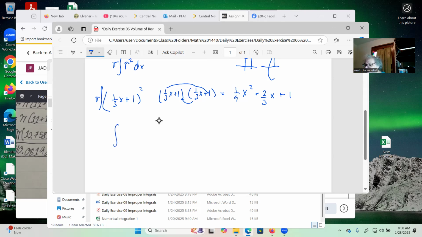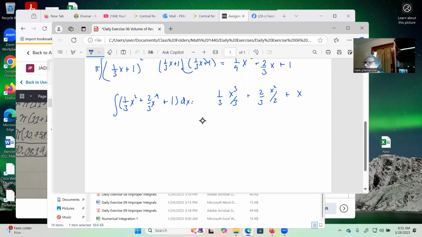So I'm going to integrate 1/9 x squared plus 2/3 x plus 1. We end up with 1/9 x cubed over 3 plus 2/3, and since we're integrating x, it's x squared over 2, plus x. Actually, this shouldn't be a 1/3, this should be a 1/9.